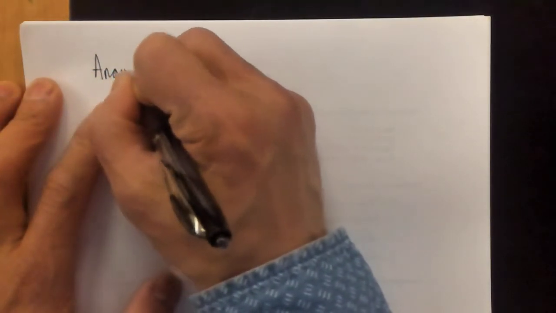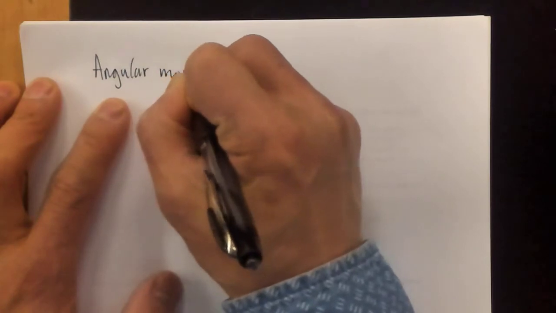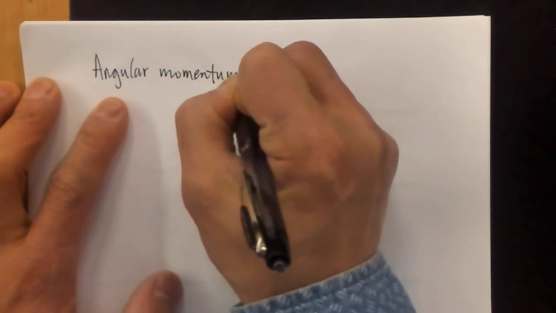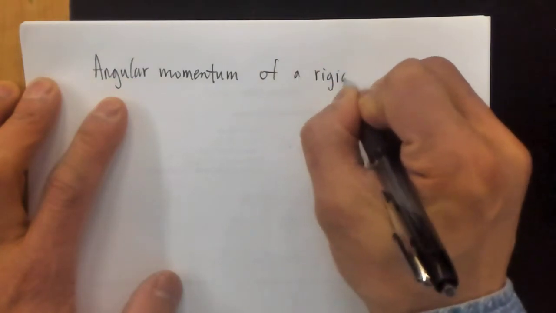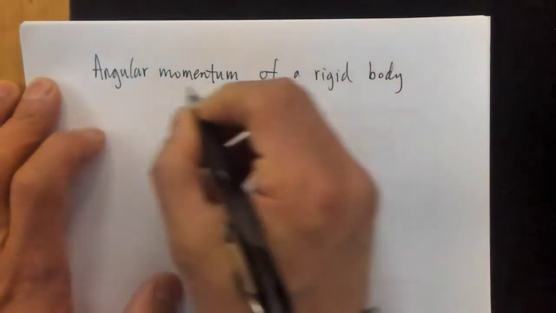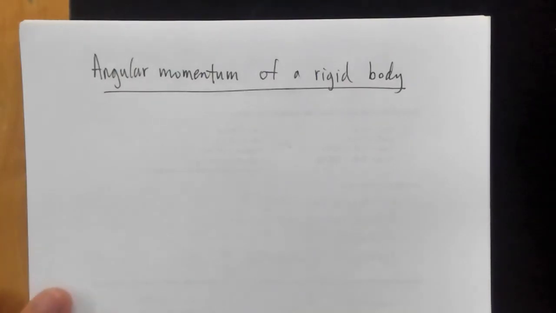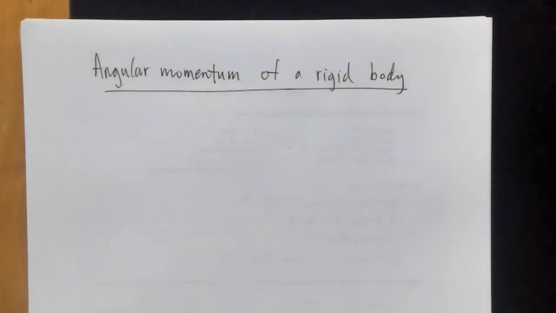Now what we're going to do is talk about the angular momentum of a rigid body, a rotating body. Okay, so now we have a rigid body, like this wheel.